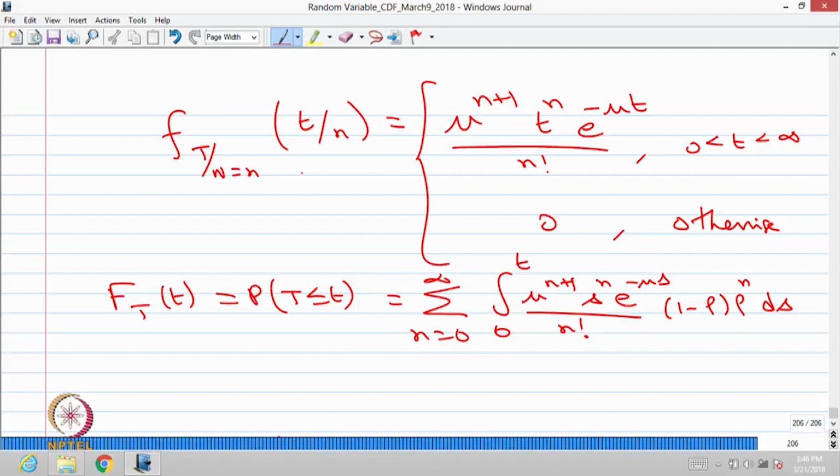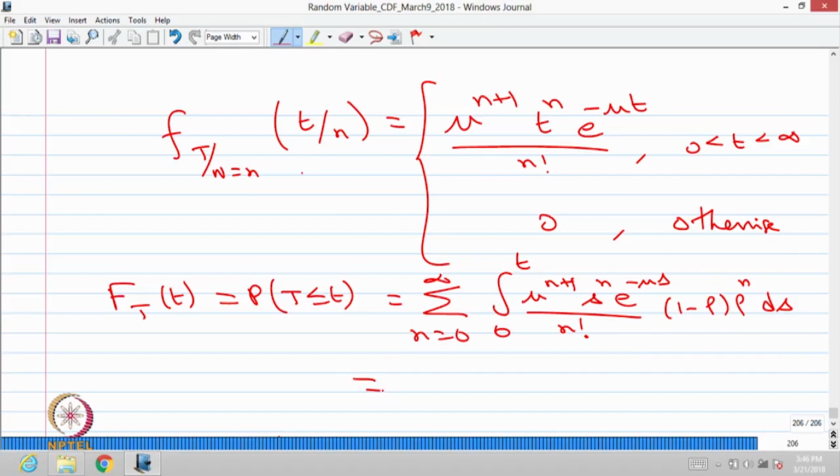This is a good example of introducing the conditional distribution, random sum, and the properties of the exponential distribution and the gamma distribution. If you do the simplification, one can get the answer, that is 1 minus e power minus mu times 1 minus rho times t.